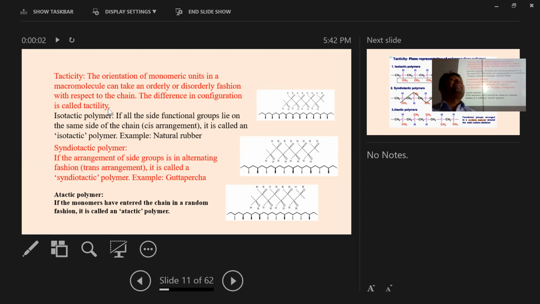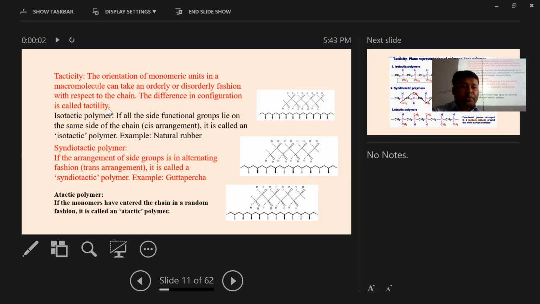What type of orientation? Orientation of monomeric units. This can be our macromolecule or the polymer. If the polymer has a very high molecular weight, we can consider that a macromolecule. So the orientation of the monomeric units in a macromolecule can take place in an orderly or disorderly way. That means it can have a very proper orientation, or sometimes it can have a different orientation.